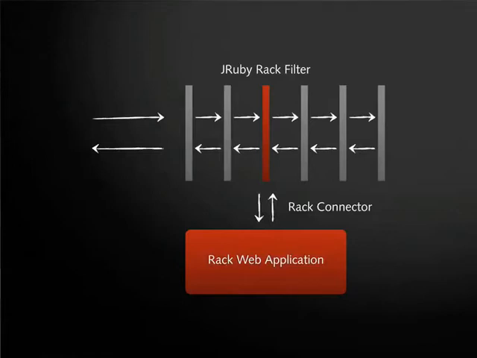In your typical Java application, the request goes through a set of filters. For JRuby, there exists a special project. It's called JRuby Rack. And Rack is the Ruby equivalent of the servlet standard.